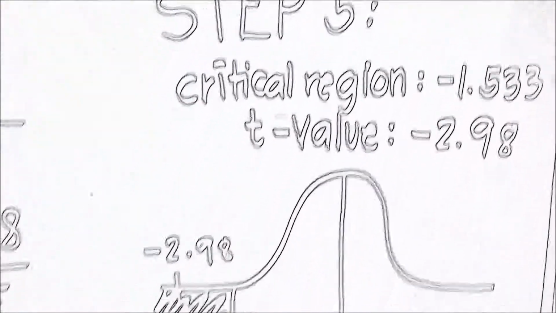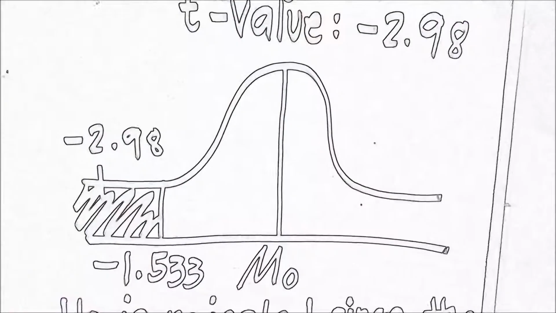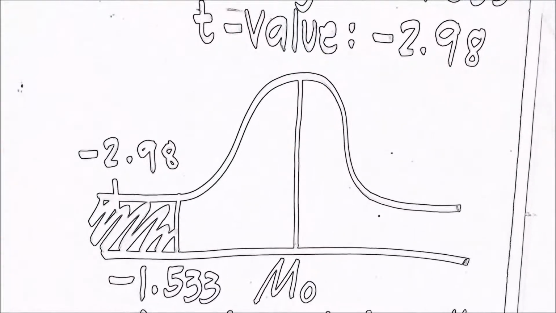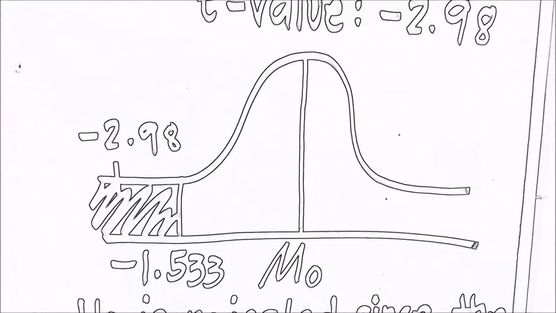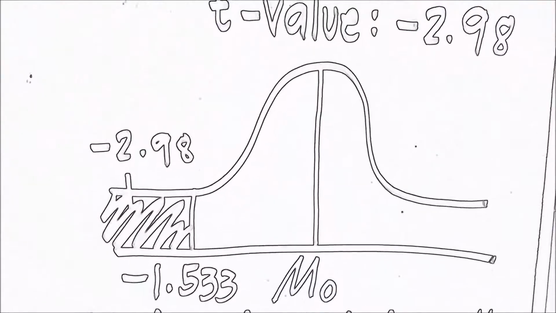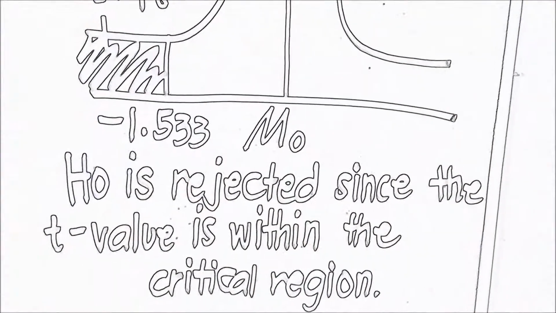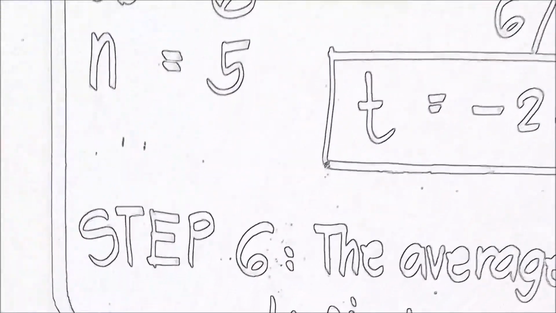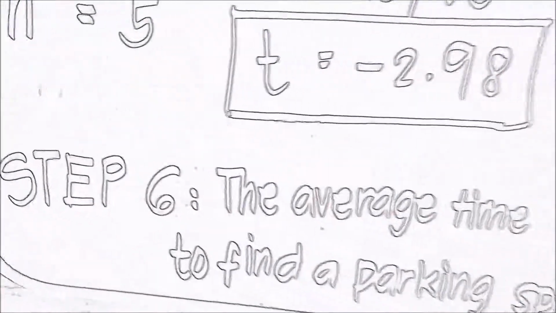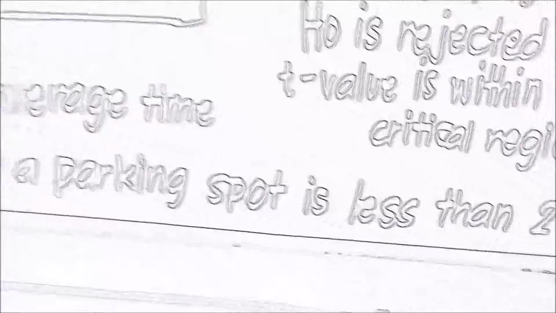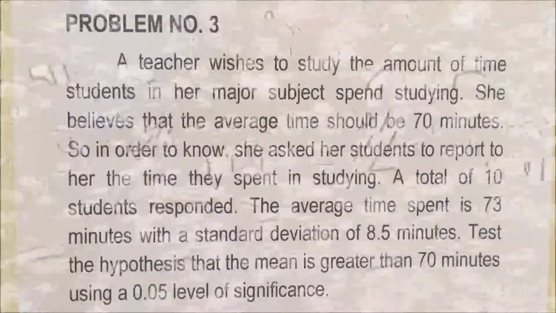Create a curve which has one shaded part on the left side, and the t-value is located in the critical region, which means that our HO is rejected. Which brings us to our step 6, that the average time to find a parking spot is less than 20 minutes.